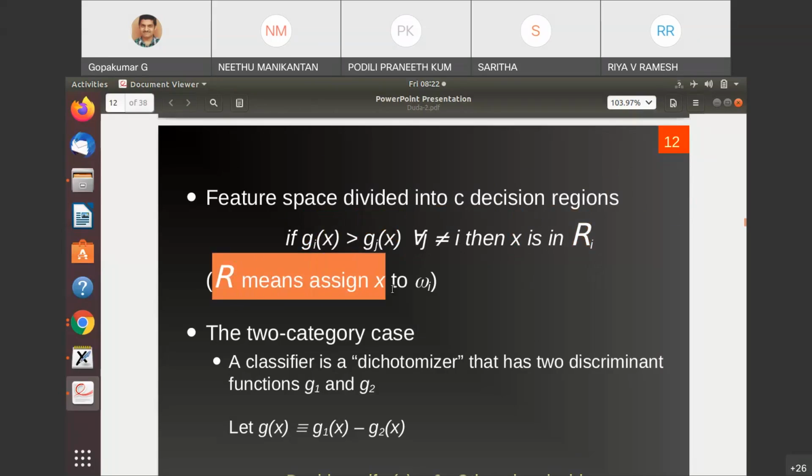So it means assign x to wi, because corresponding to each category we have a decision region, which is generally represented as Ri.